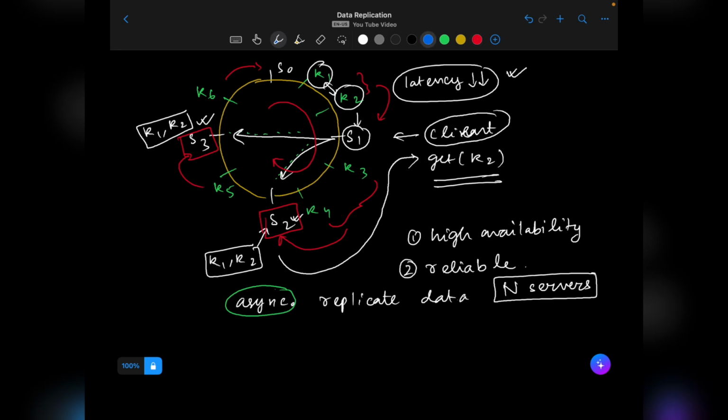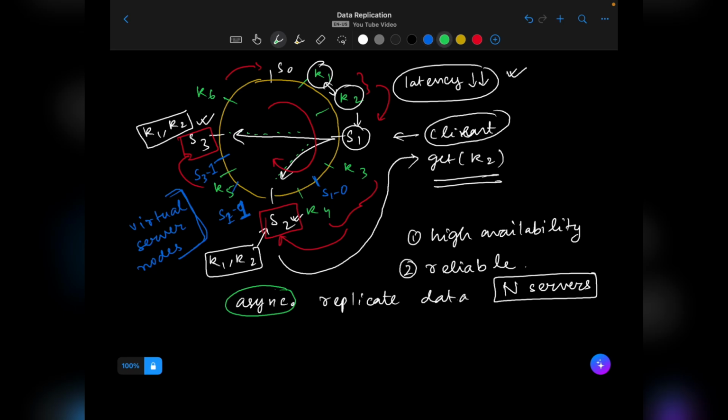You might remember we had introduced an earlier concept called virtual server nodes, which indirectly map to the physical server nodes. Let's say I have S1 0 here, S2 0 here, S3 1 here, and another virtual server for server 1, S1 1. If we move clockwise, key 1 is again mapped to server 1 but through its virtual servers.